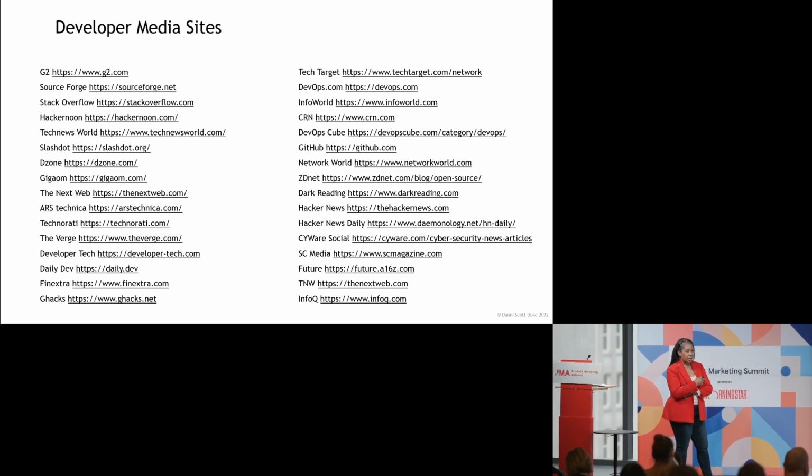And again, I wouldn't necessarily use these for decision makers, but these are great for developers, technologists, end users, depending on what your product is. And it's always evolving.